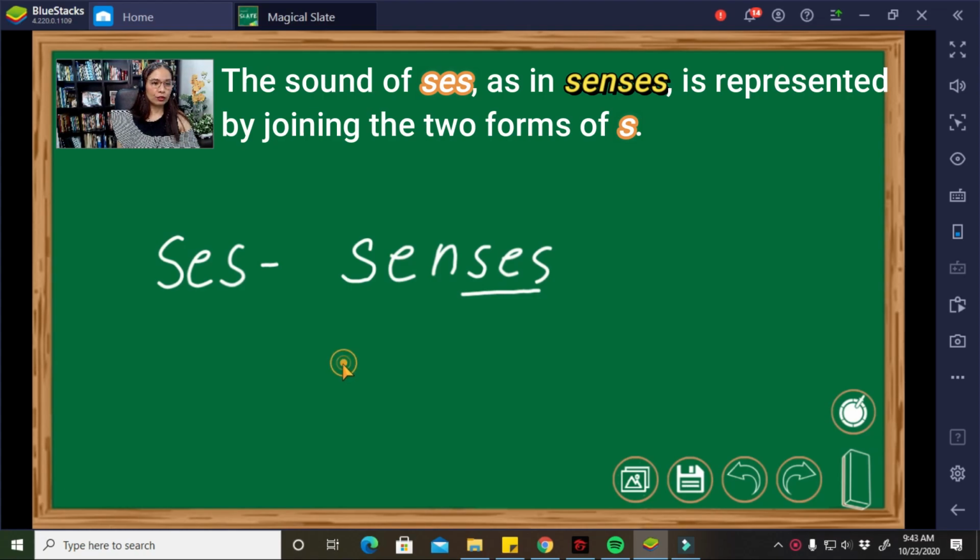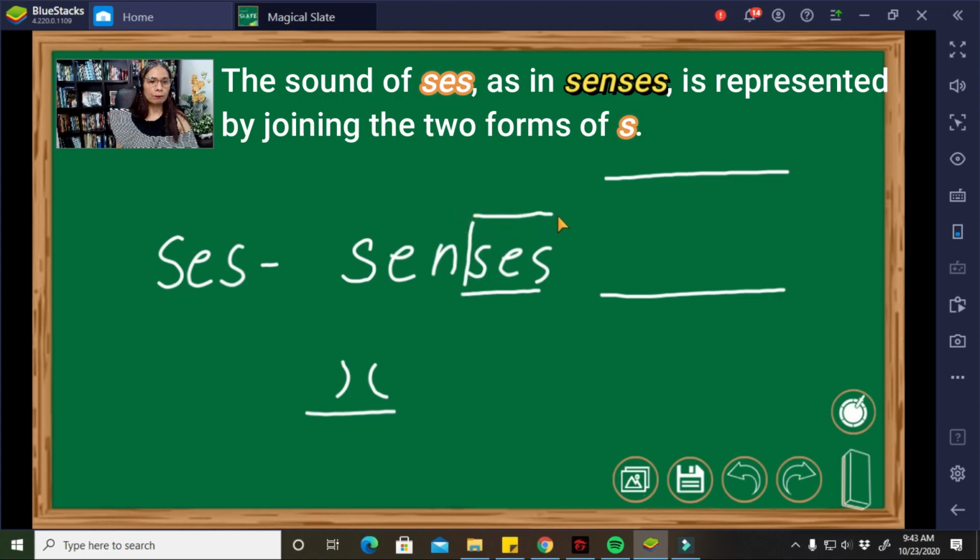We do have the right S and the left S. Okay, so these are our two forms of S. So as mentioned, we have to join the two forms of S for the principle of joining SES. So we do have here the SES. There. Okay. So let's have an example.